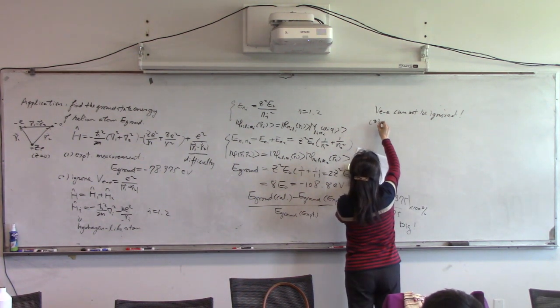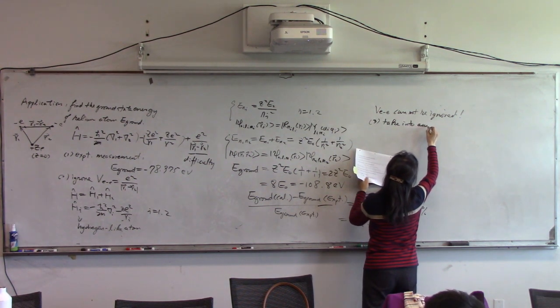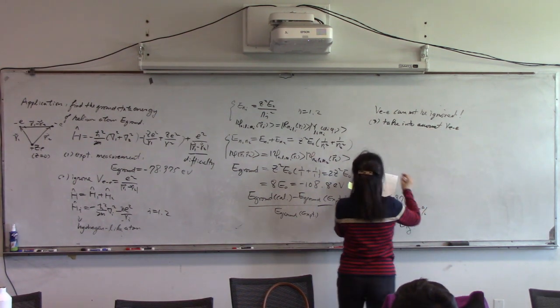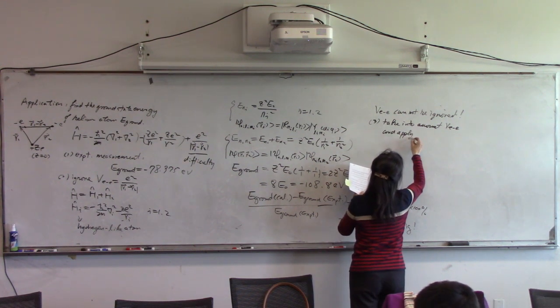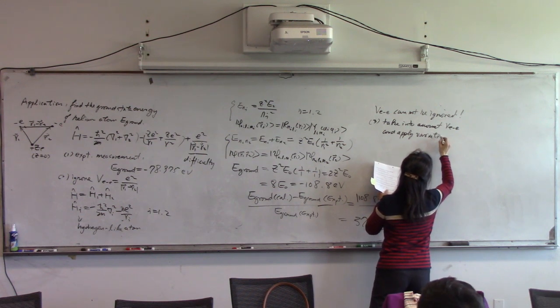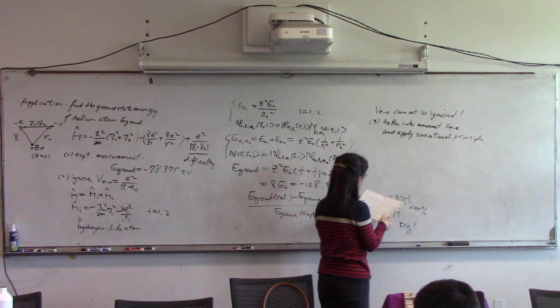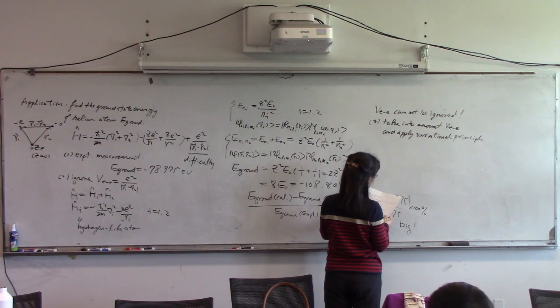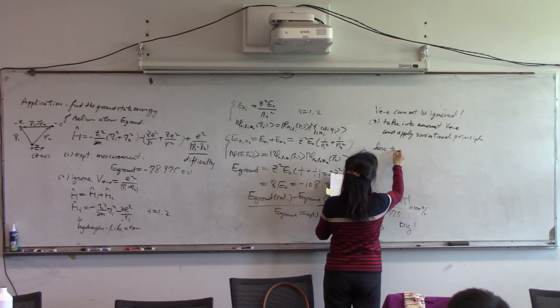We are going to take into account the electron-electron interaction, and apply the variational principle. So now the question is how to construct the trial function.